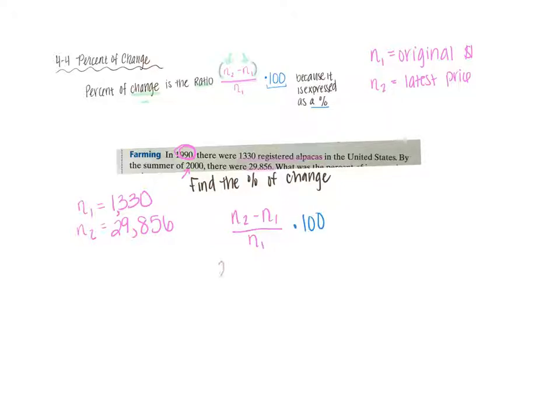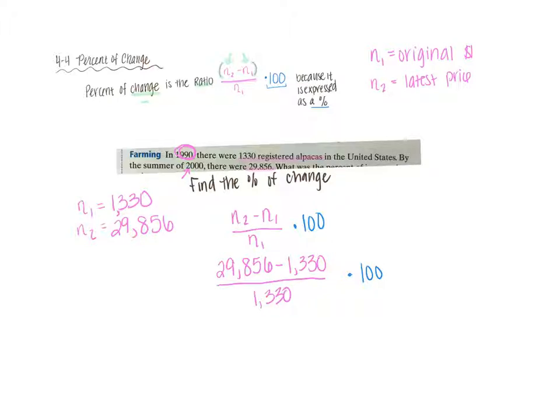So I'm going to plug these in. I'm going to take my 29,856 minus 1,330, and I'm going to divide that by which one? The original number. Good. Which one is that? Good, 1,330. I'm then going to multiply this whole thing by 100 when I'm done. And what do I get here?